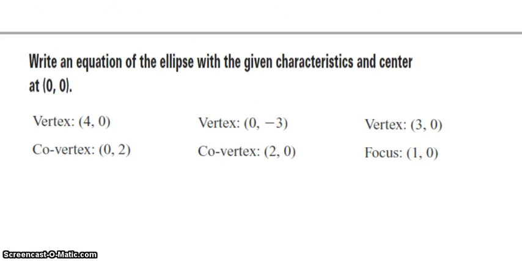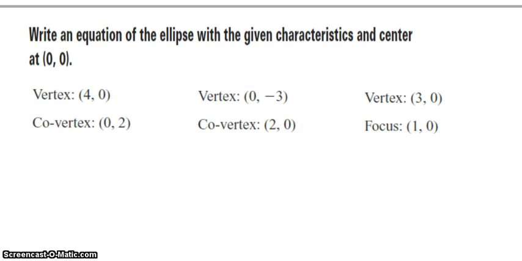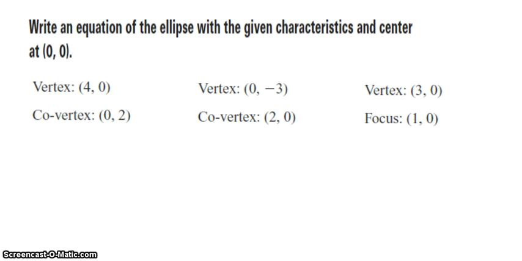And lastly, writing the equation based on information either shown in a graph or just told to you like this. So I see that my vertex is an x value, therefore I know it's got to be the bigger number underneath the x squared. So for all of these, I know the general form.